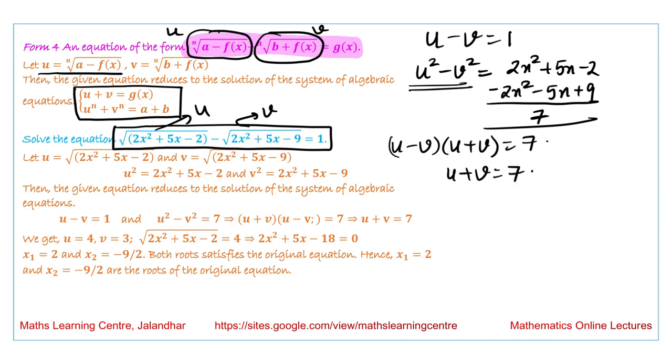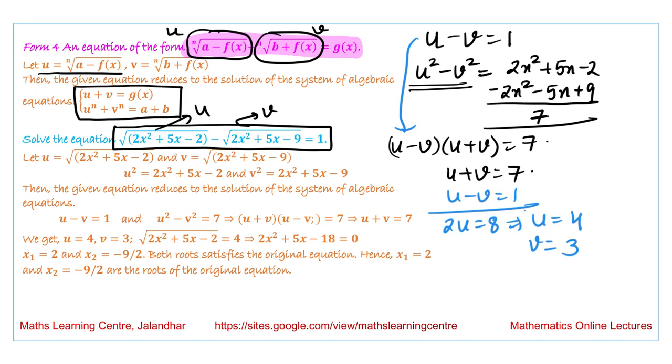We substitute the value of u minus v from this equation. So we have u minus v is equal to 1. So we have 2u is equal to 8. It implies u is equal to 4, and the value of v we get is 3. These are the values of u and v we have.